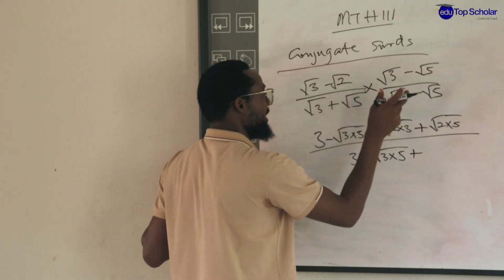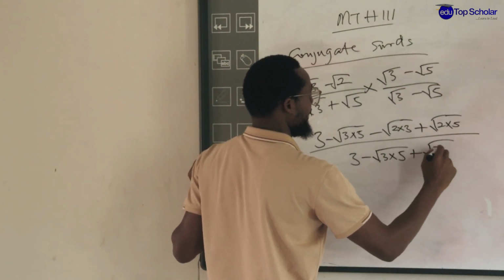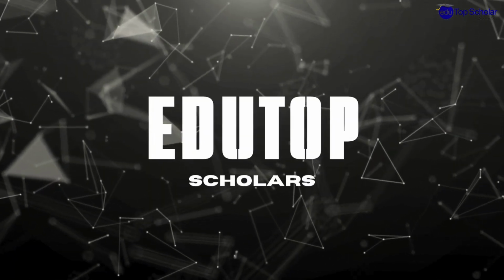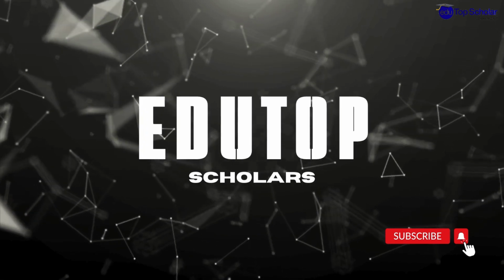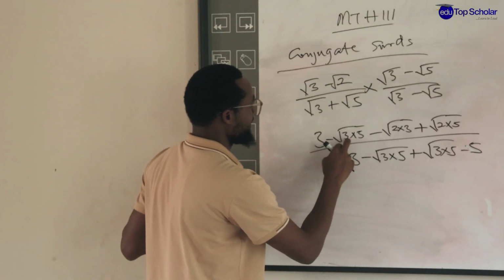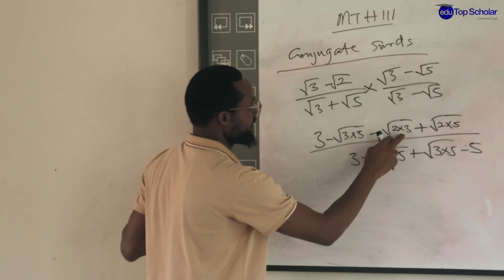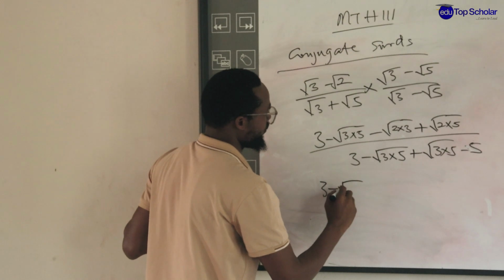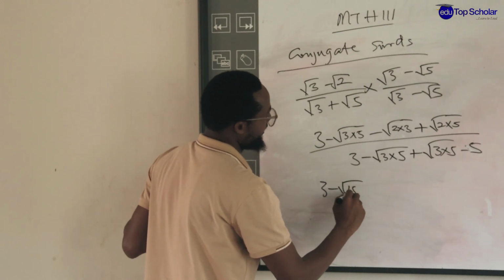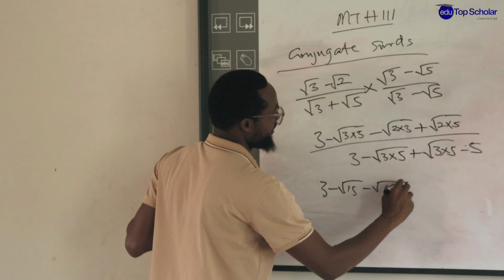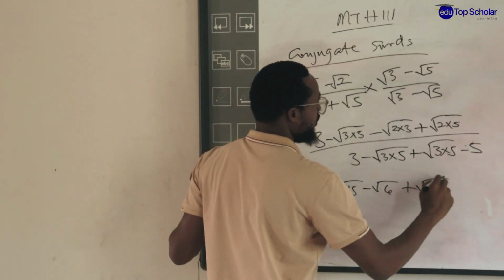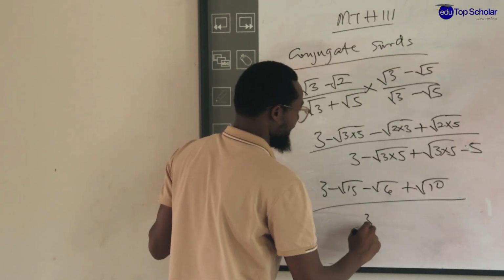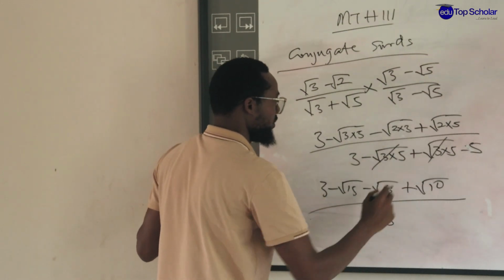Then 5 by 5 will be minus 5. This will give us 3 minus root 15 minus root 6 plus root 10, all divided by 3 minus 5.